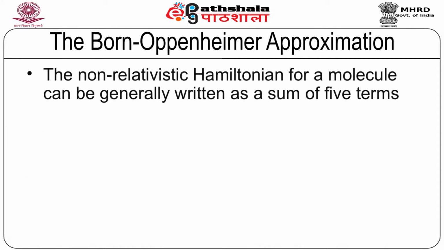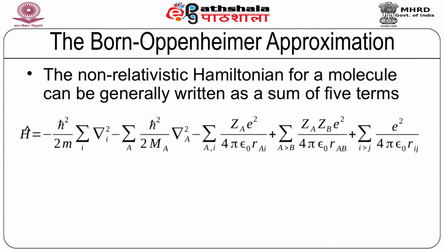The non-relativistic Hamiltonian for a molecule can be generally written as a sum of 5 terms as given in this equation. The Hamiltonian H is equal to minus h bar square by twice m sum over i del i square.